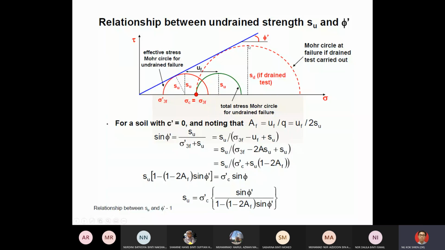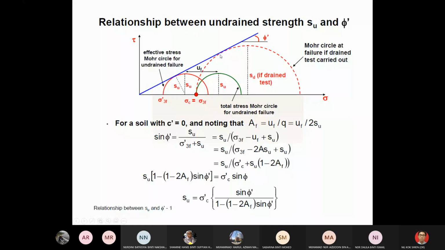If drained strength is here, undrained strength is here. However, both will touch this failure envelope. This is the Mohr-Coulomb failure envelope, characterized by the friction angle. So it will fail here. Actually the shear strength is here for drained, and for undrained here. But now we want to find the easier-to-understand one, where the maximum is here.